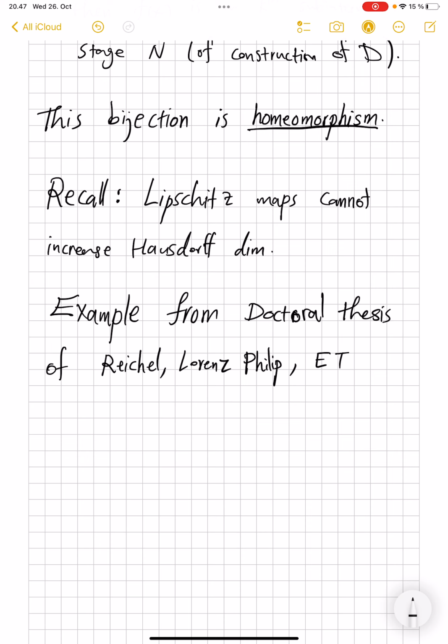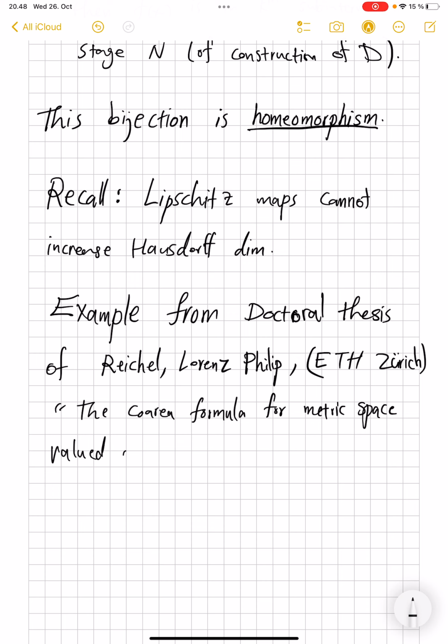ETH Zurich. This is available online for free. The title is The Coarea Formula for Metric Space Valued Maps. It's just saying that functions that go from R^k into a metric space and not necessarily a Euclidean space.